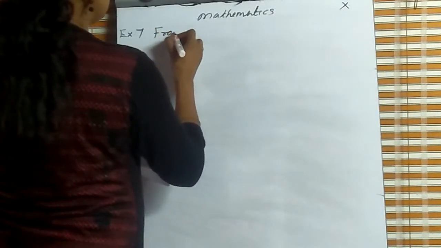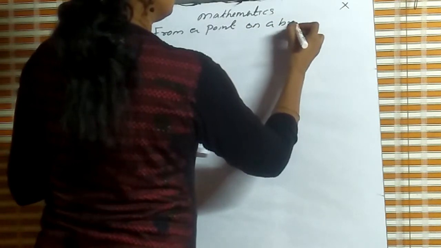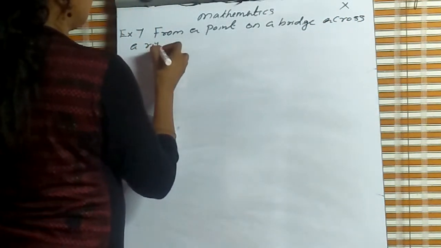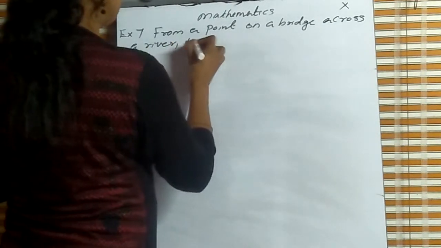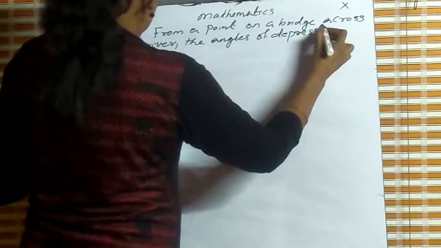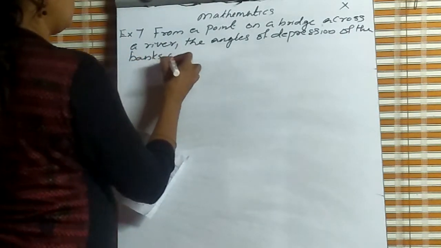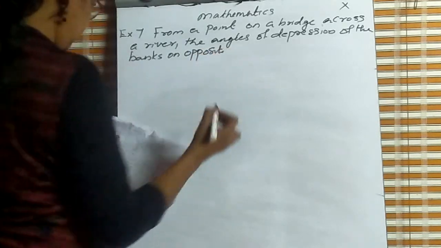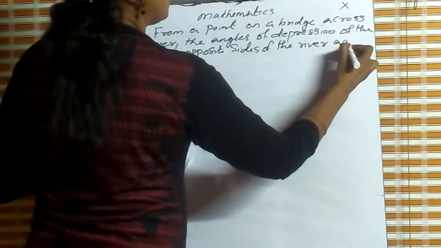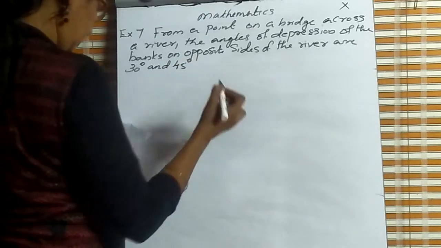From a point on a bridge across a river, the angles of depression of the banks on opposite sides of the river are 30 degree and 45 degree respectively.